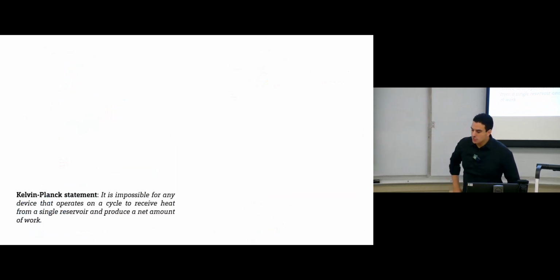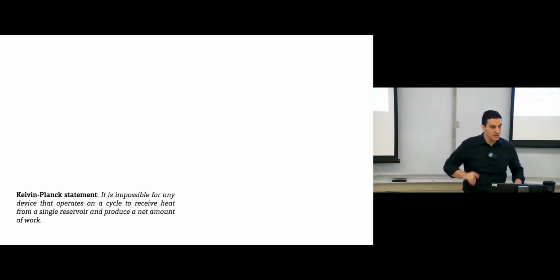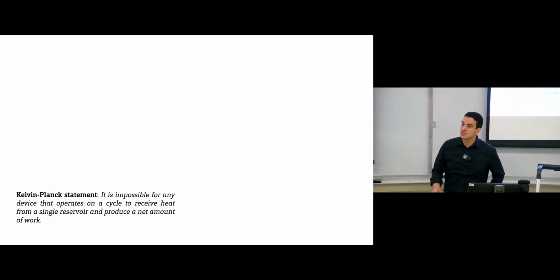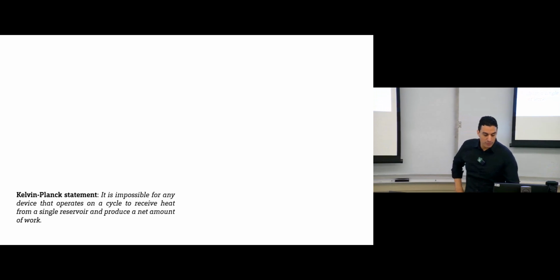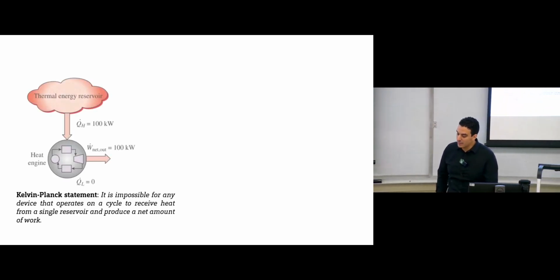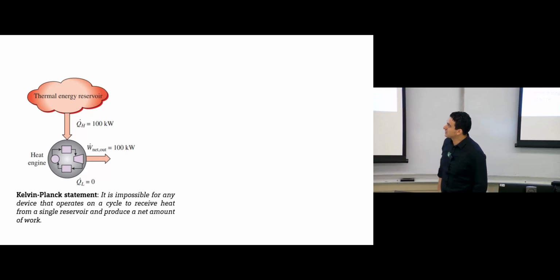Okay, so if we return back, do you remember when we explained the Kelvin-Planck statement? The Kelvin-Planck statement of the second law of thermodynamics says it's impossible for any device that operates in a cycle to receive heat from a single reservoir and produce a net amount of work. If we put this description on a diagram, this is what Kelvin-Planck said.